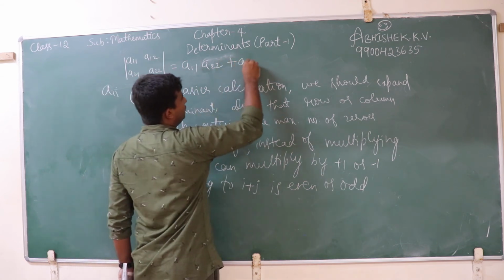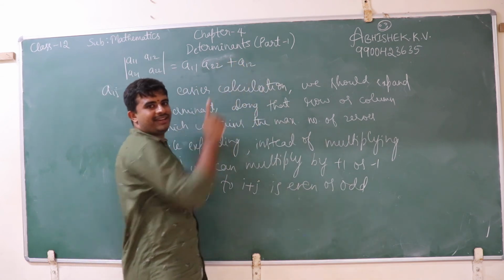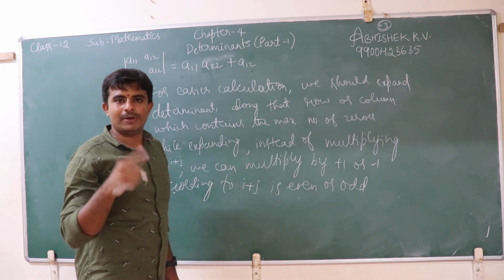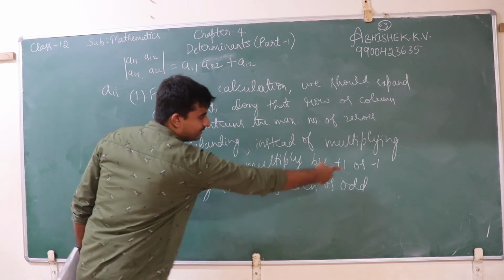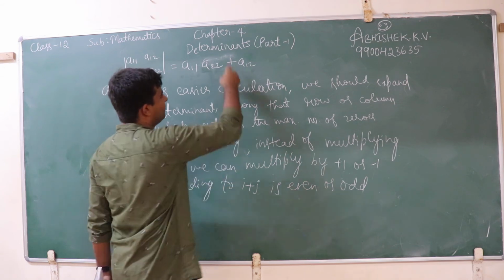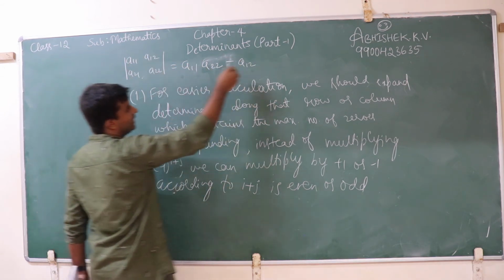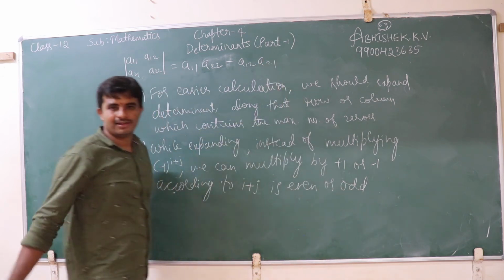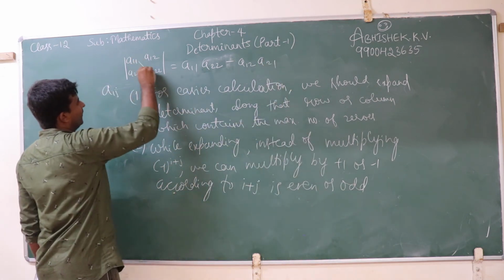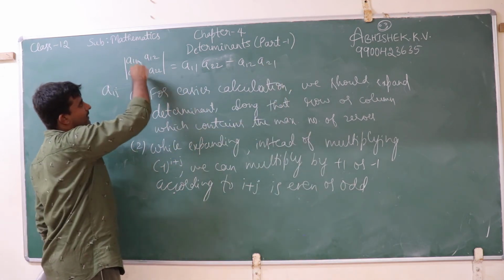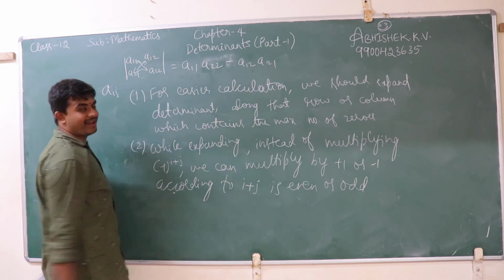Then A12: minus 1 to the power of 1 plus 2, and 1 plus 2 is odd, so it is minus. This row and this column get cancelled, and we are remaining with A21. Simply, we can write the product of diagonal elements minus the product of anti-diagonal elements.